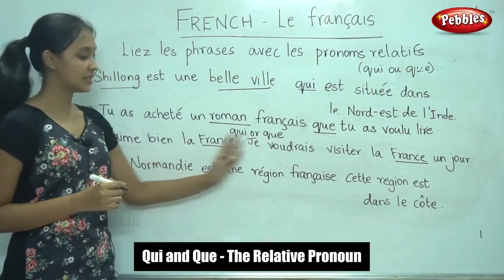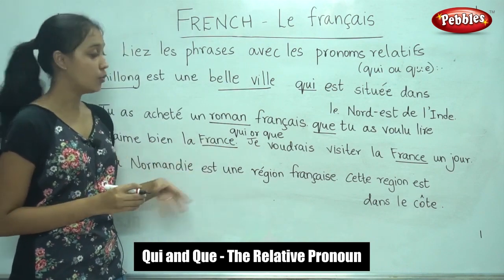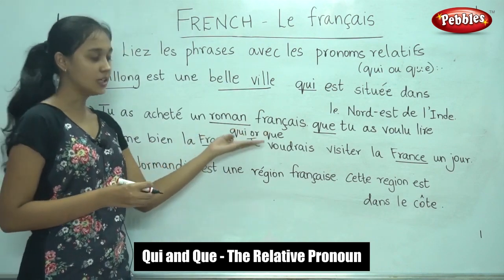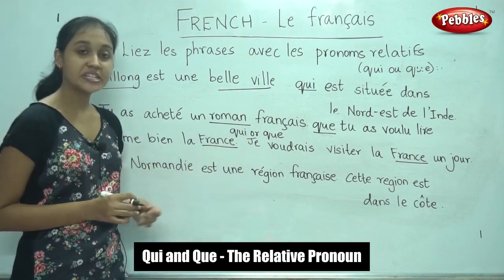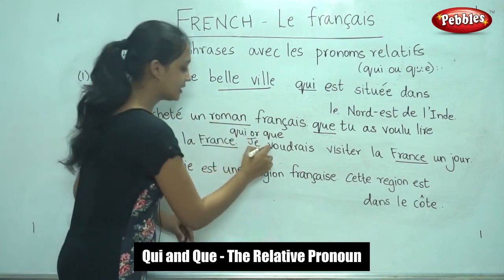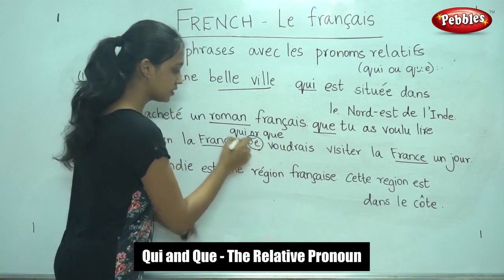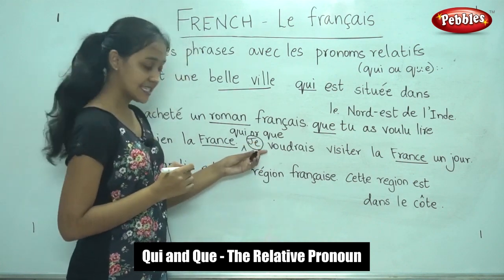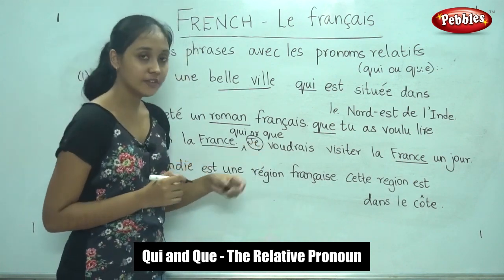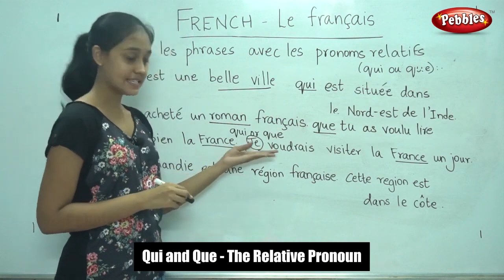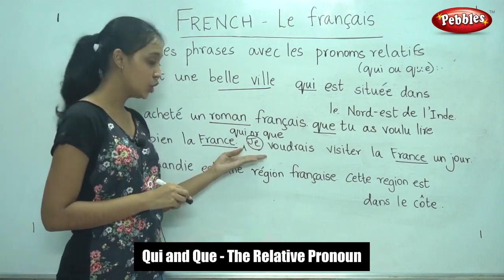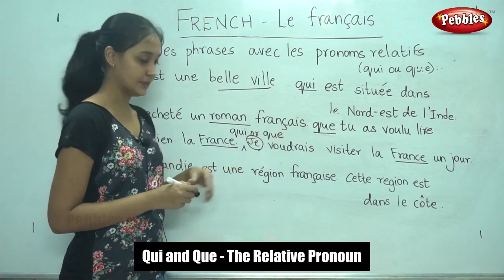So now look at this sentence and tell me whether we would write qui or que here. How do we decide that? We look at the next word. Now, is this a subject pronoun or a verb? It is a subject pronoun. Therefore, we would write que.